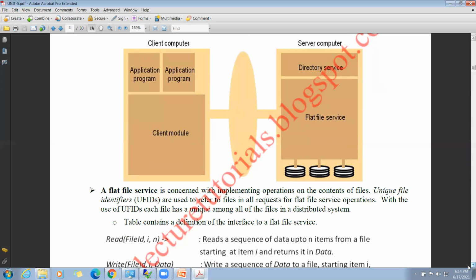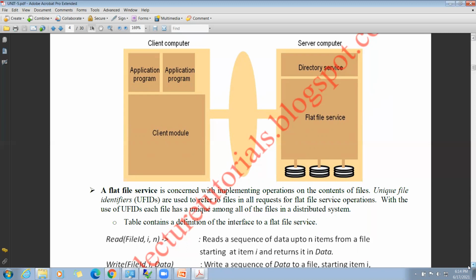Flat file service is concerned with implementing the operations on the contents of files. Okay, this flat file service will implement the operations on files, such as read operation, write operation, put operation, get operation, all these things. The unique file identifiers, that is UFIDs, are used to refer to the files in all requests.